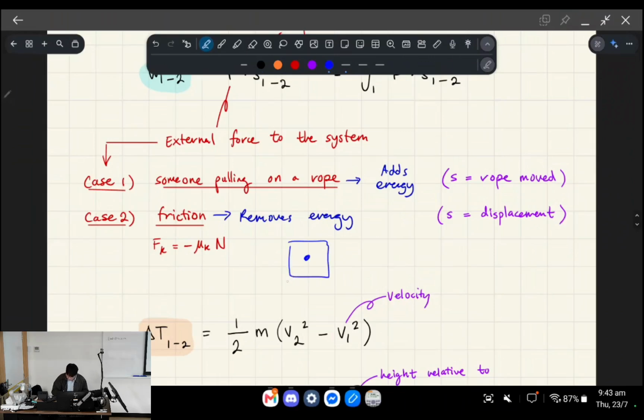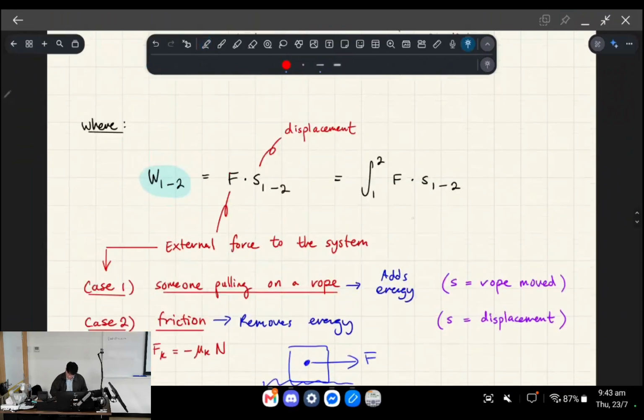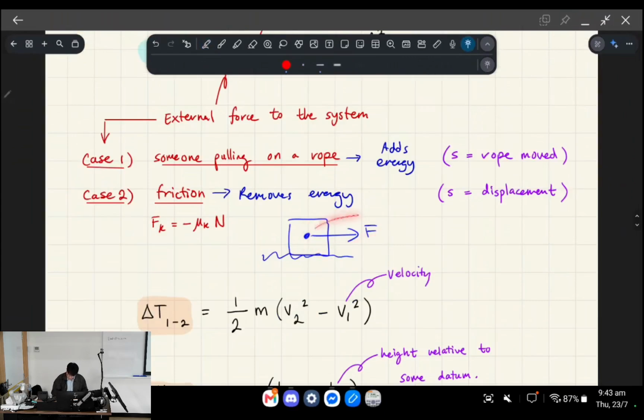Okay, so for example, you've got a box and it's on this rough ground with friction. Okay, and you're pulling a rope. So that's a pulling force. But the idea is that let's say that box moves some amount of distance, right? So from there to there is how far it's moved.